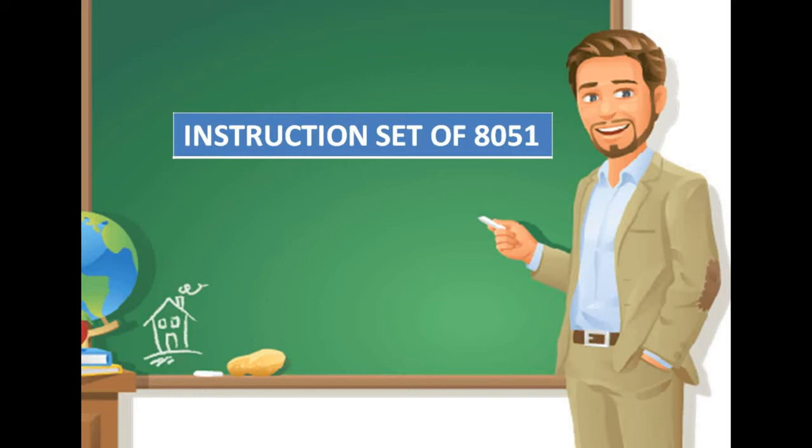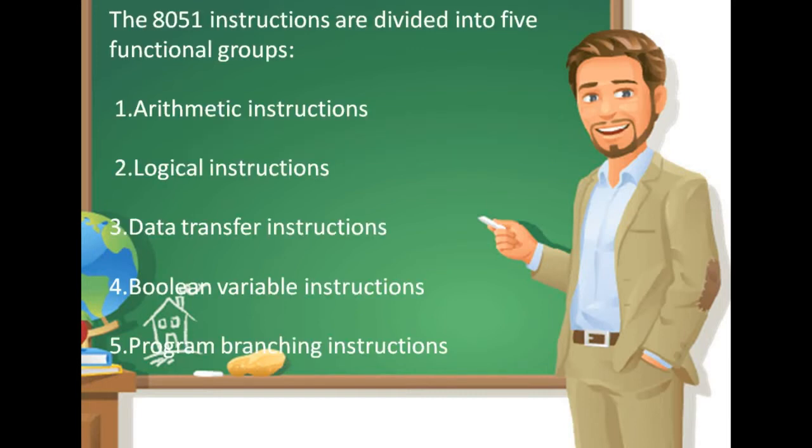Arithmetic instructions, logical instructions, data transfer instructions, Boolean variable instructions, and program branching instructions. By using all these instructions, we can complete a task which was given to us. So the 8051 instructions are divided into 5 functional groups: arithmetic, logical, data transfer, Boolean variable, and program branching instructions.